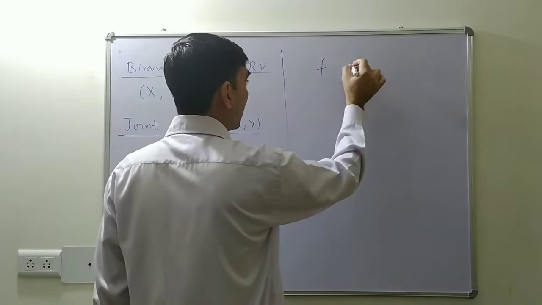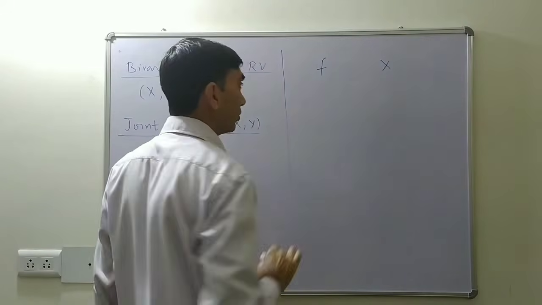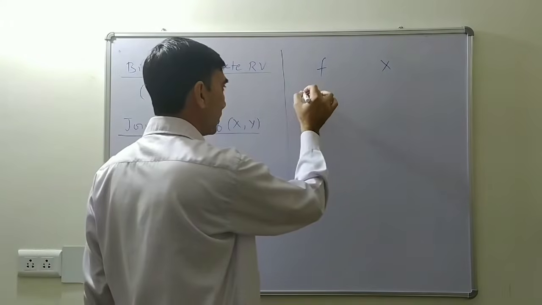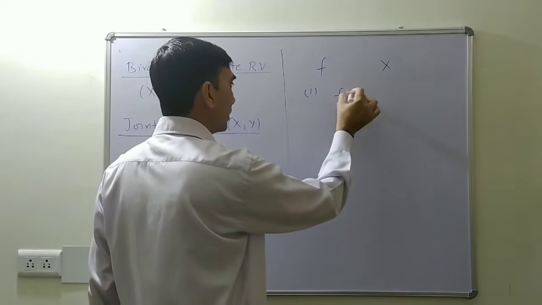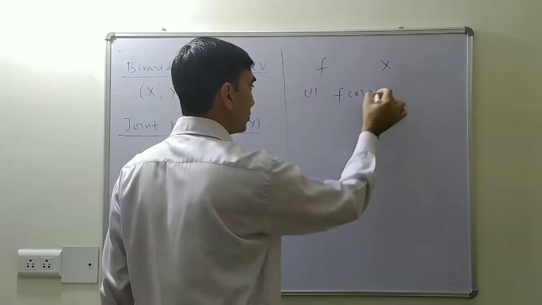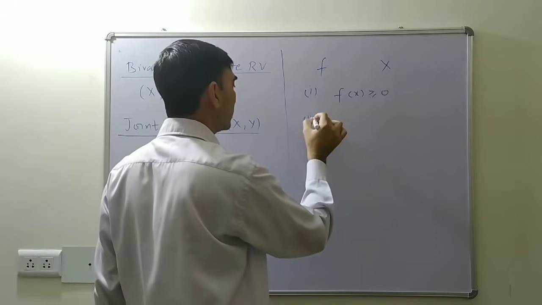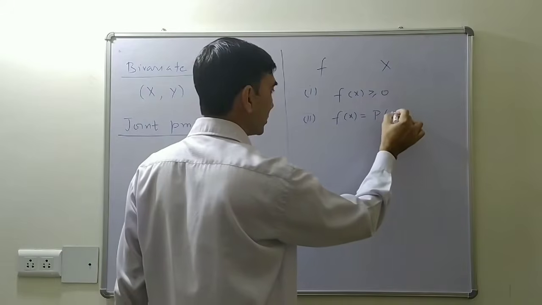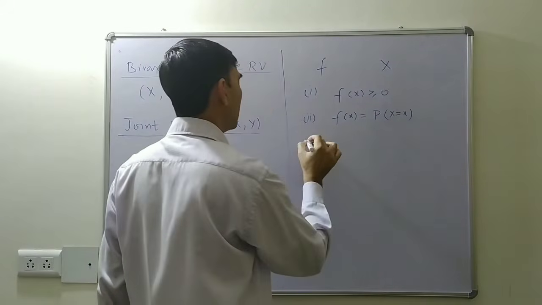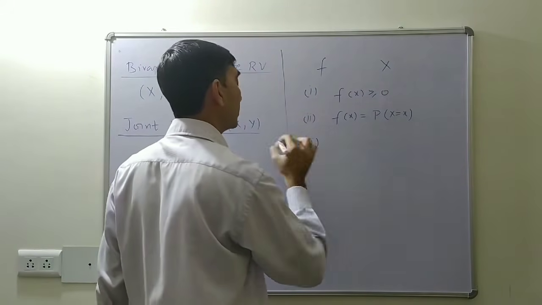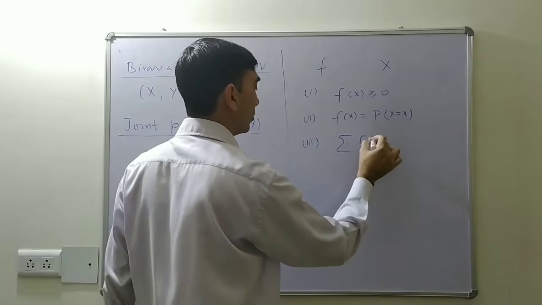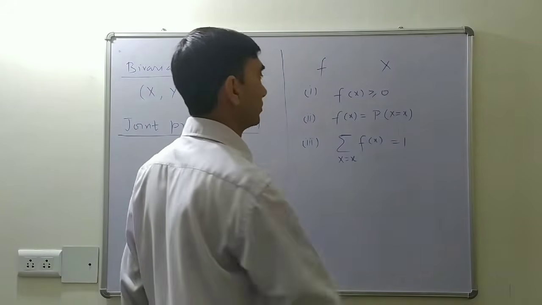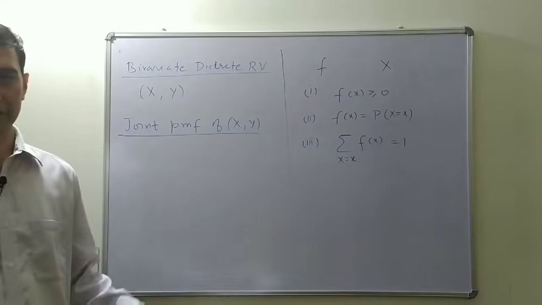A function f is said to be PMF of a single discrete random variable if it satisfies three properties. Number one, f(x) is greater than or equal to 0. Number two, f(x) gives probability for each value of x. Number three, sum of all values of f(x) is 1. This you are already familiar with.